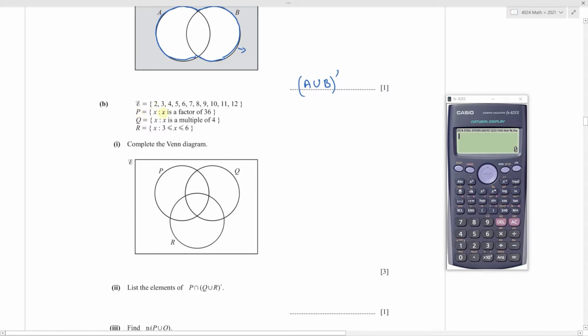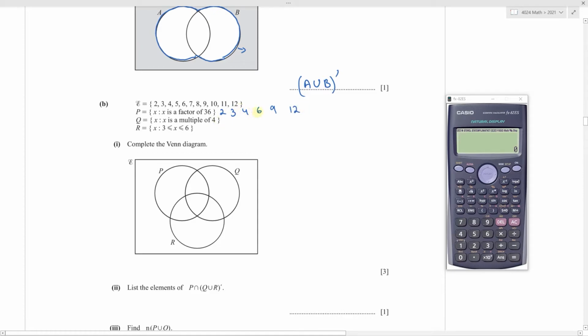So set P consists of numbers that are factors of 36. So if you look at this universal set, which are the numbers that are factors of 36? 2 is a factor, 36 is divisible by 2. 6 plus 3 is 9, so 9 is divisible by 3, so 36 is also divisible by 3. 4 is also a factor, 4 times 9 is 36, 5 is not. 6 is a factor, 6 times 6 is 36, 7 is not, 8 is not. 9 is a factor, 9 times 4 is 36, 10 is not, 11 is not. 12 is a factor because 12 times 3 is 36.